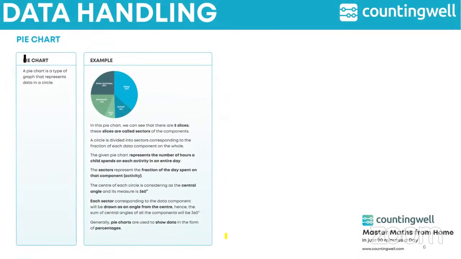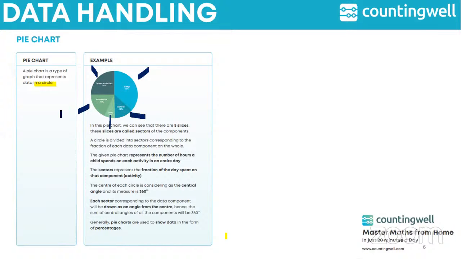Now let us see one more representation of data, which is in the form of a circle. A pie chart is nothing but a graph that represents the given data in a circle. For example, here we have a pie chart and there are 5 slices. So here you can see the 5 slices, slice 1, 2, 3, 4, 5.